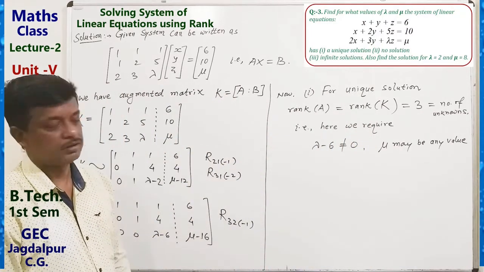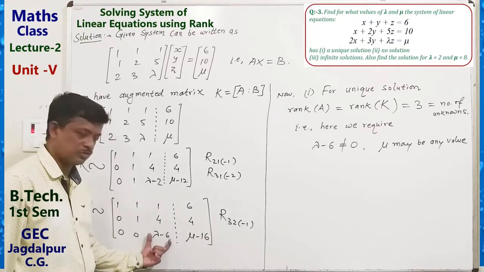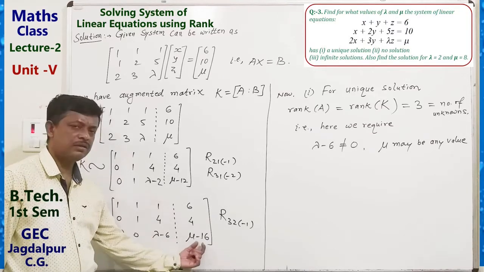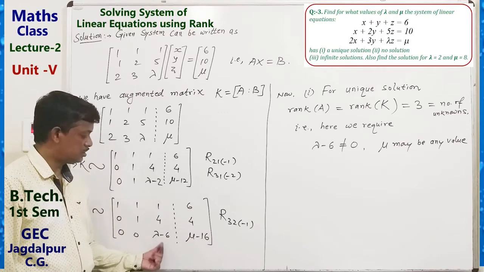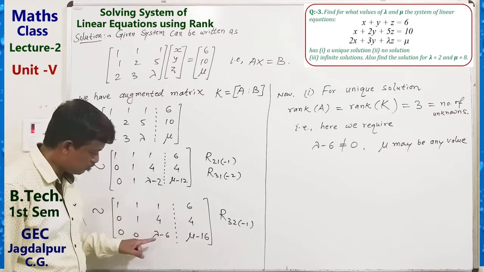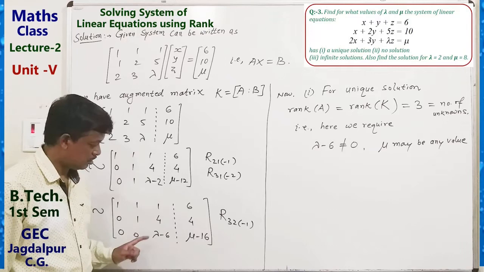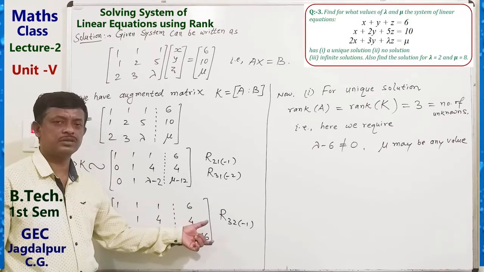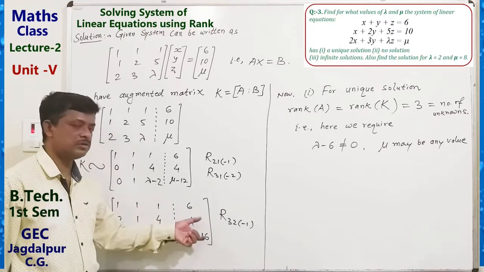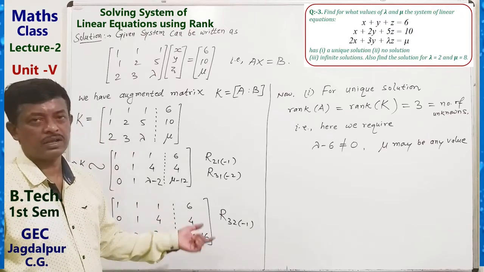Lambda minus 6 is not equal to 0, and mu may be any value, may be 0, may not be 0. So this is not 0, so the number of non-zero rows will be 3. And if this is 0, also the number of non-zero rows is 3. If not 0, also the number of non-zero rows is 3. So mu may take any value.